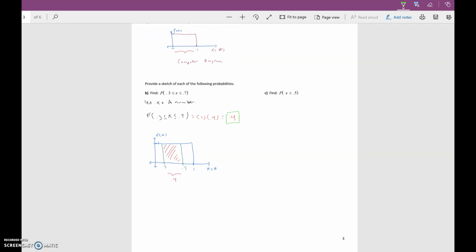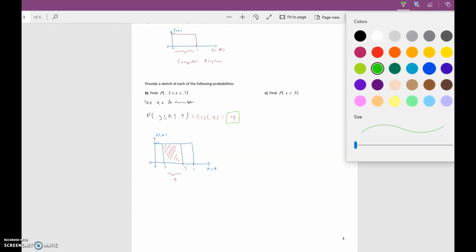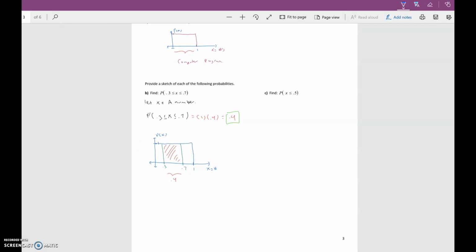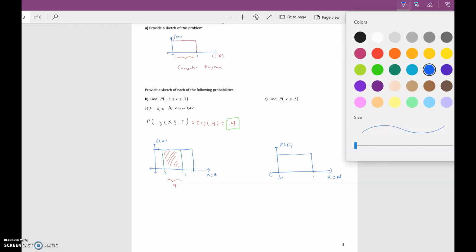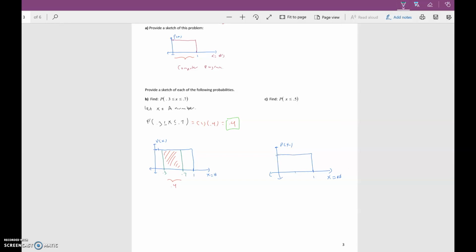Let's take a look at C. In C, they also want a sketch. Let me just write it underneath. And this one also, we're talking about numbers. That's 1, that's p of x. And then this is 0.5.